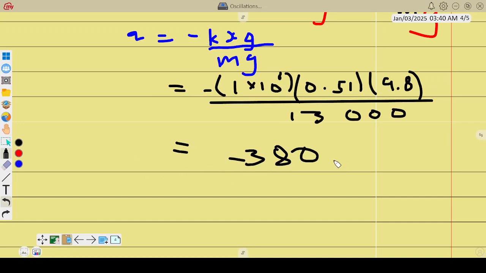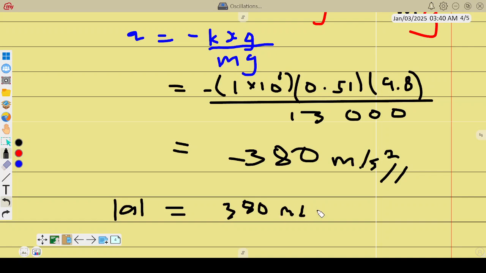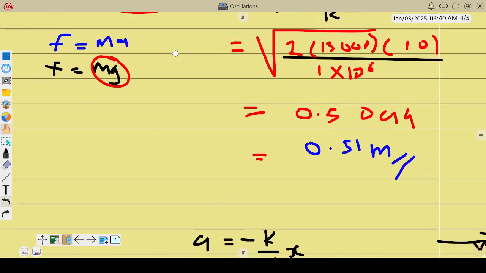Yeah, so that's our acceleration. Acceleration is a vector quantity. It can be negative or positive. So for such questions, we can say the modulus of the acceleration so that we remain with a positive answer. Meters per second squared. Okay, so we've answered that question.